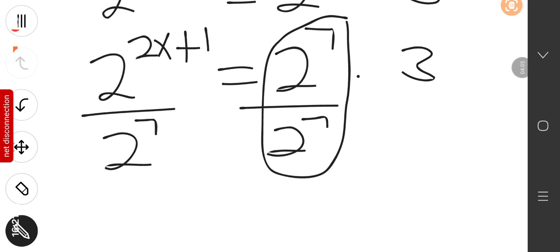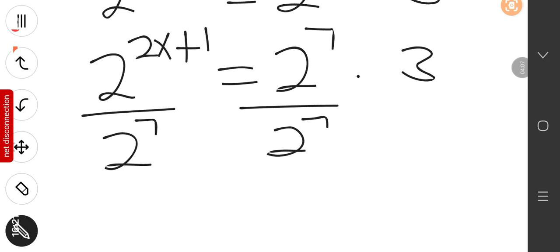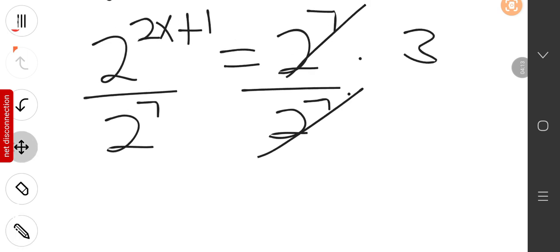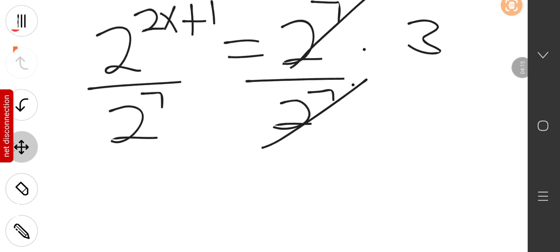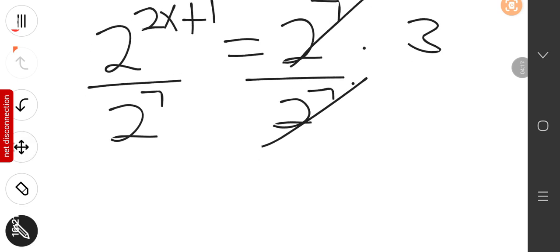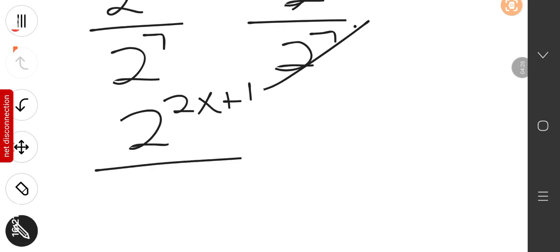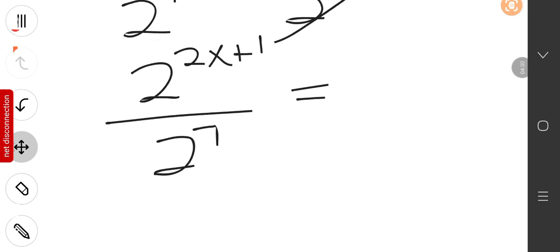Or you can simply say 2 exponent 7 cancels 2 exponent 7, since anything over itself is 1. So we're going to have 2 exponent 2x plus 1, all over 2 exponent 7, equals 3.